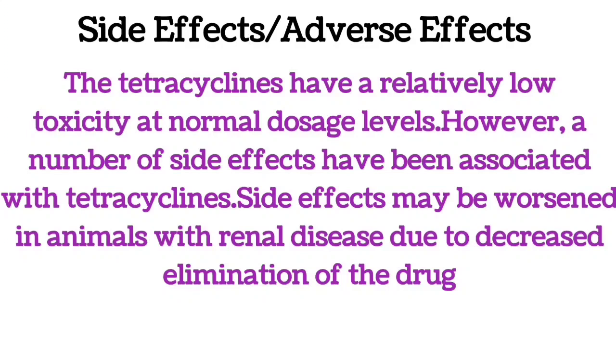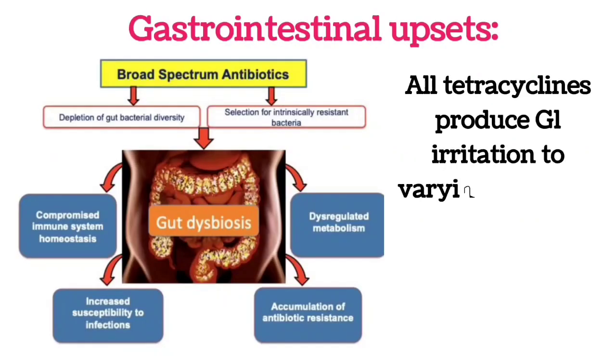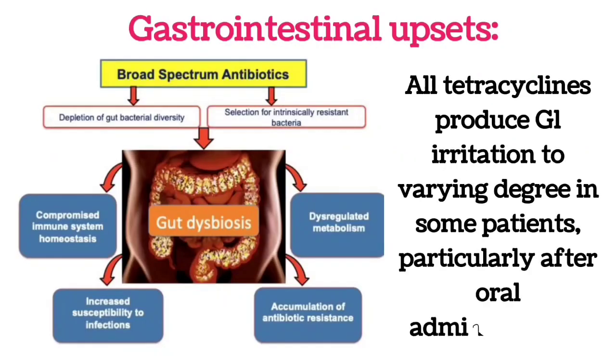Superinfection by non-susceptible pathogens such as fungi, yeast and resistant bacteria is a possibility, which if occurs may lead to disturbances in the intestinal function with candidiasis, enterocolitis or pseudomembranous colitis.